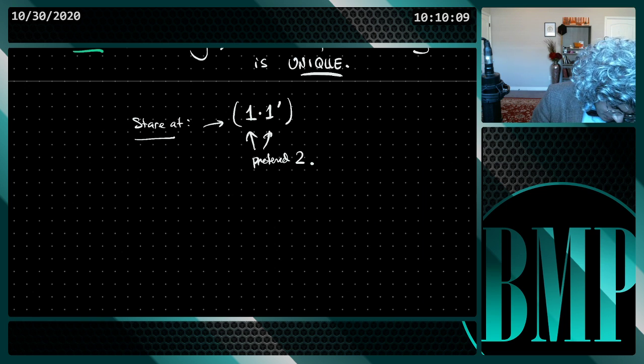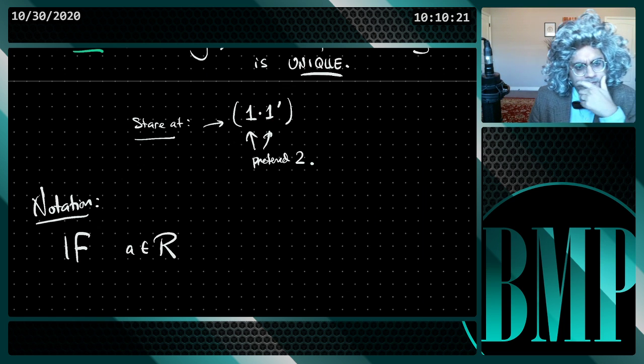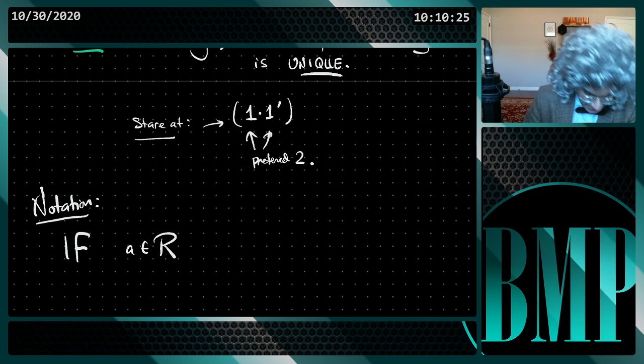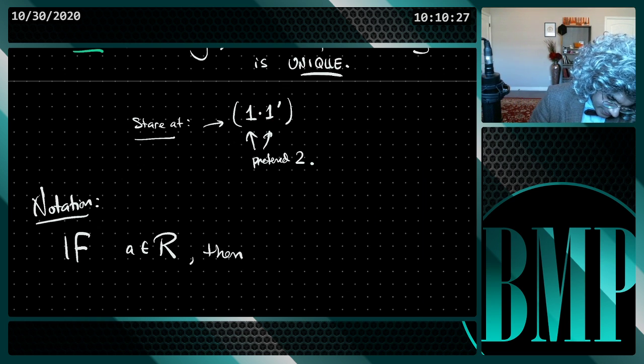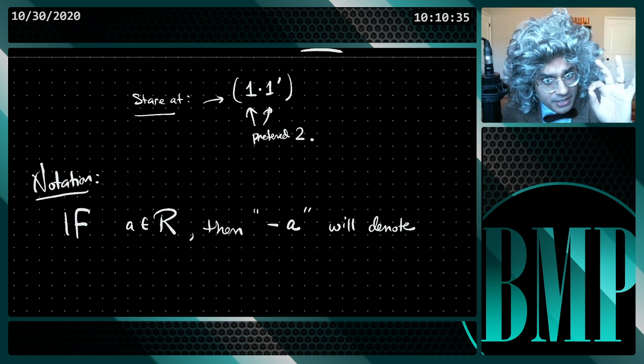So this is notation. If A is any element in the ring, we write minus A to denote the additive inverse.